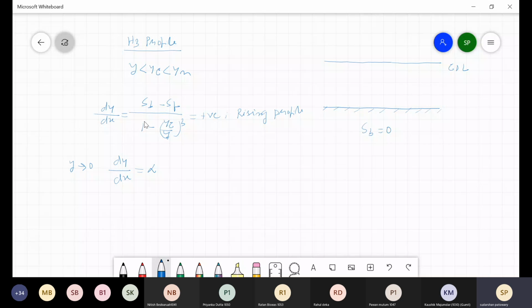Something divided by infinity, ultimately infinity. So if it is infinity, then it is normal. It is a rising profile, so it normally meets the channel bottom, like this.